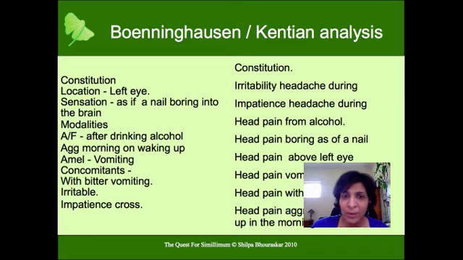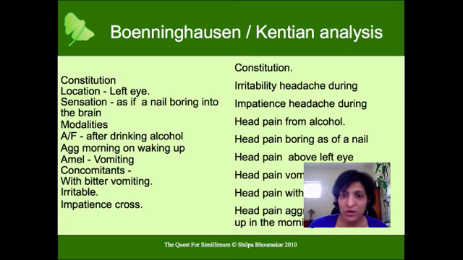So in this case, for me, the irritation with the headache was my most important symptom. Then comes the impatience with the headache. And then I've chosen a combination of location and modalities, or location and sensation, to make up the totality.